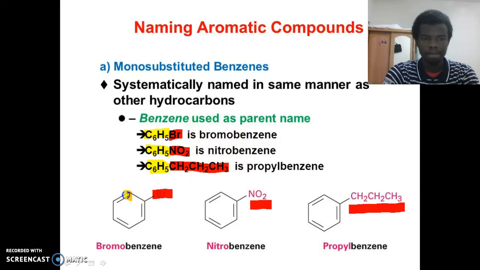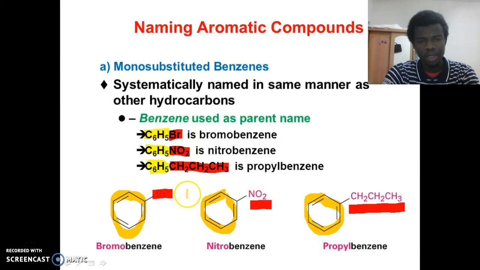And this is the parent chain here, which is benzene. This is the parent chain, and this is the parent chain. So it's very easy to name aromatic compounds such as these ones.